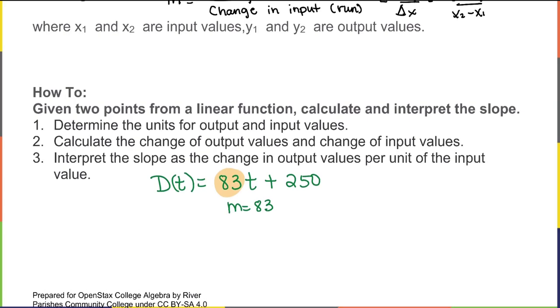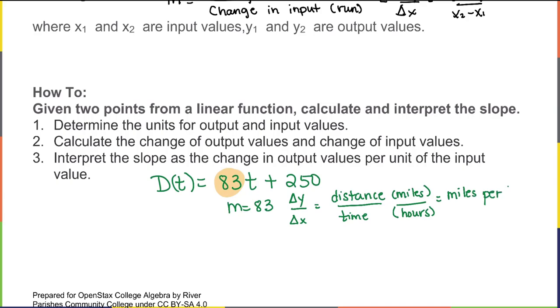So if you will remember, slope is the change in y, change in output, over the change in x. So the change in y is distance. That's why it tells you to identify what the units are. Distance, and I'm guessing in miles. So that's the units, is miles. And then x is time, and the units in this case are hours. So we would read this as miles per hour.